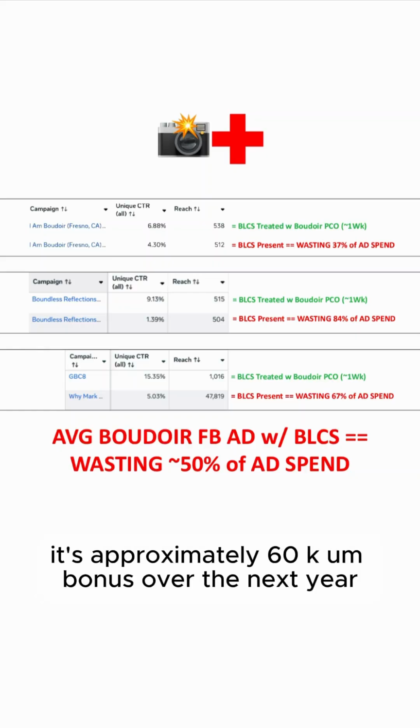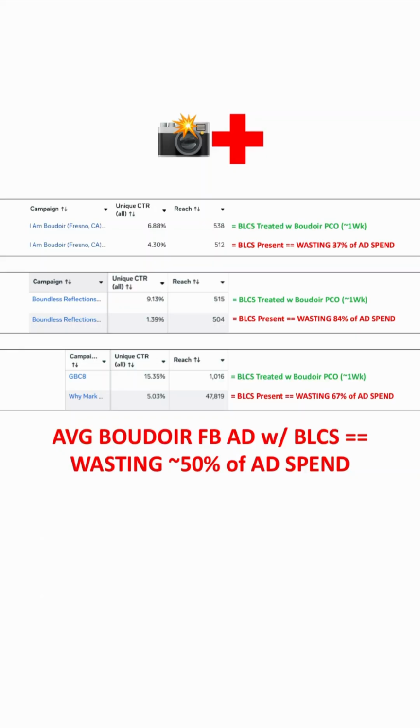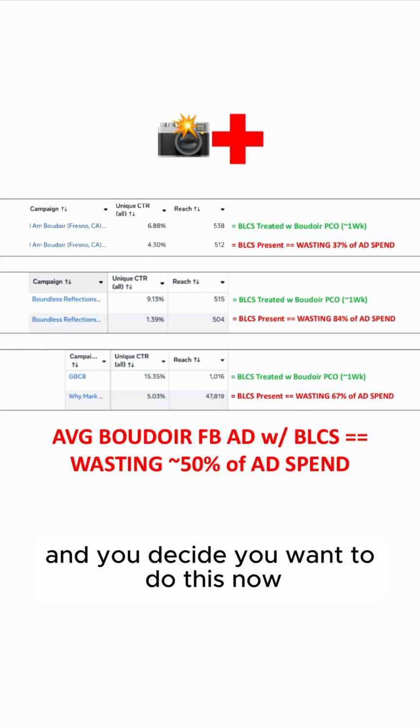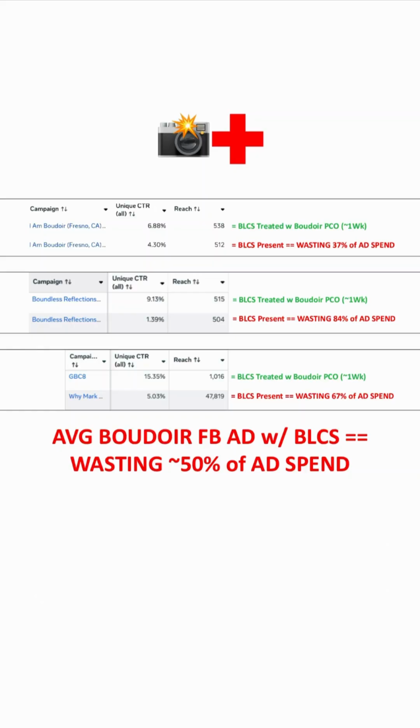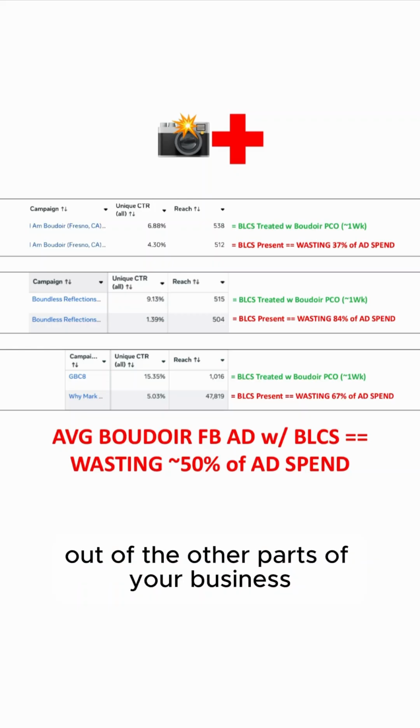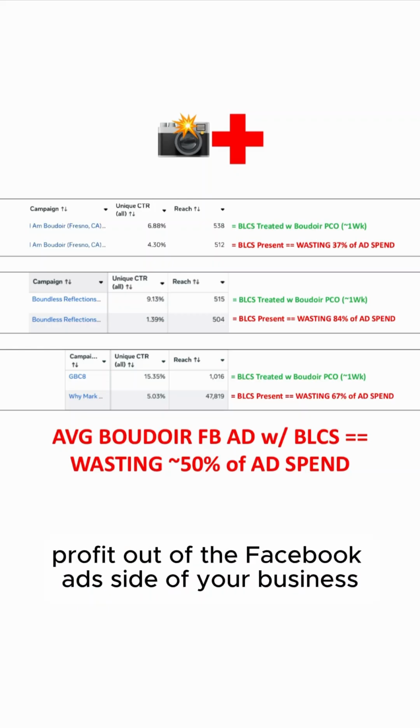So approximately 60K bonus over the next year. And you decide you want to do this now because you've pulled profit out of the other parts of your business. Now you want to pull and optimize profit out of the Facebook ad side of your business.